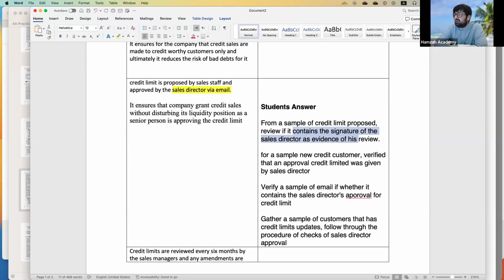It seems like you have memorized this point from some other question and you are trying to copy paste here. Incorrect. For a sample of new customers, verify that. How to verify? Incomplete, not clear, no mark. Where to verify from?